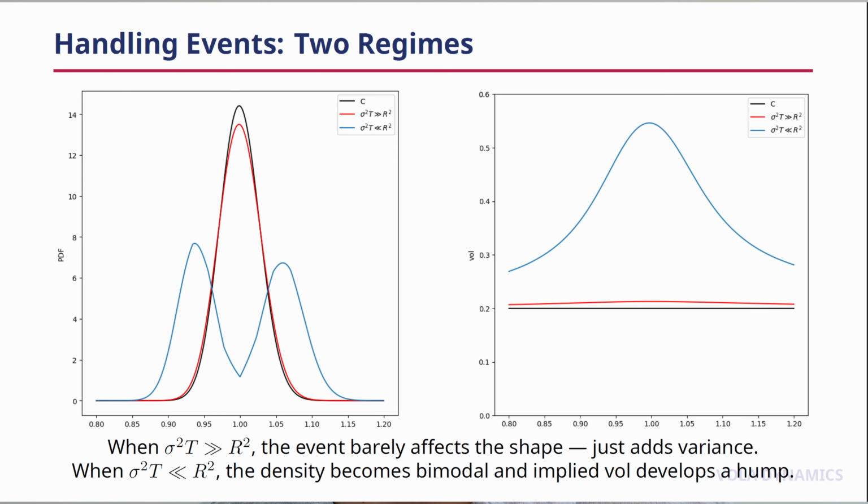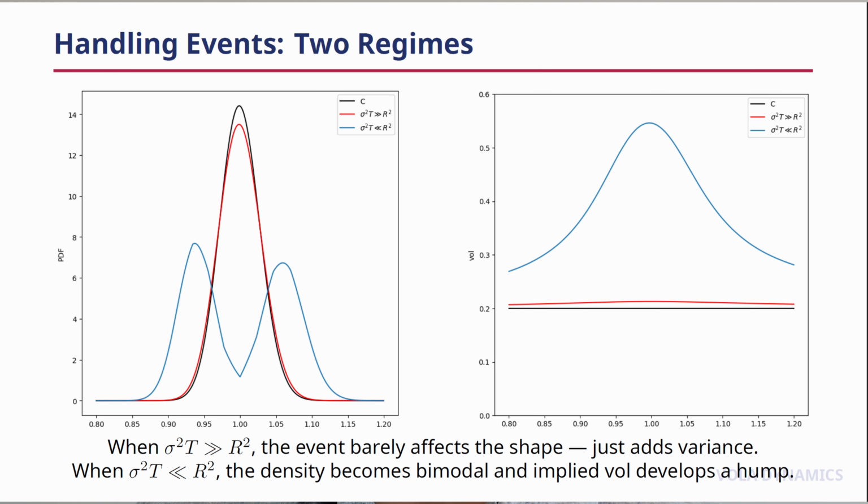In this graph, you can see both the density of the clean process, which is log normal, the density of the distribution when the event variance is small, and the bimodal distribution in the case when the jump is very large, and the corresponding probability density has two clearly defined peaks.